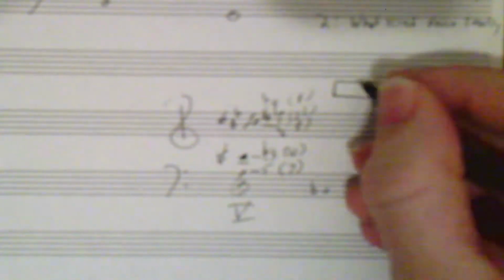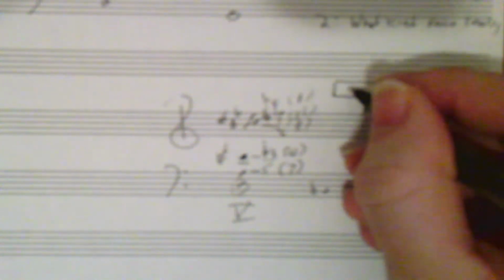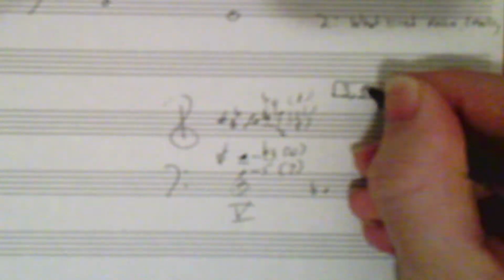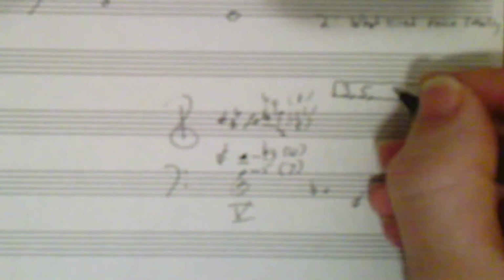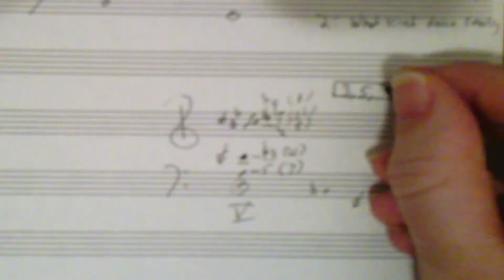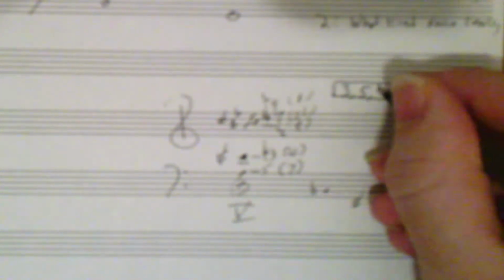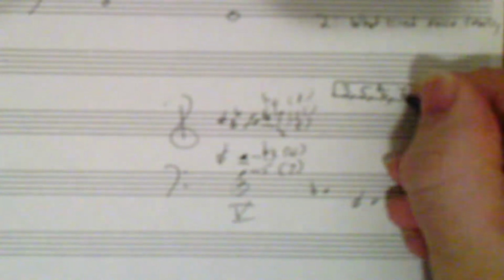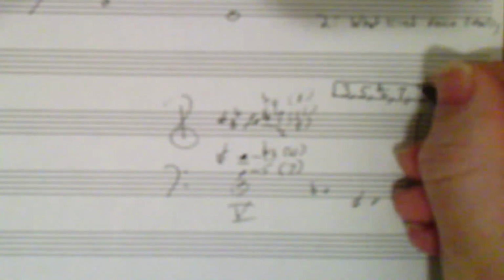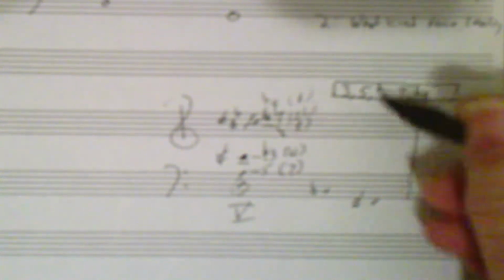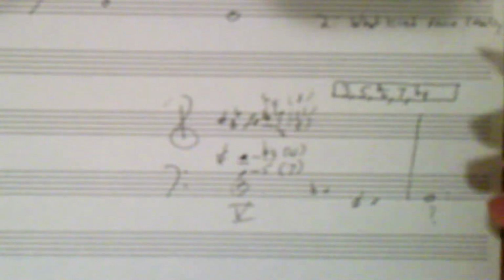So I'll go in order from the root: a third, a fifth, I'll call this a flat 6, it could be a 13, and the 7th, and then flat 9. So I need to keep those intervals above the bass.